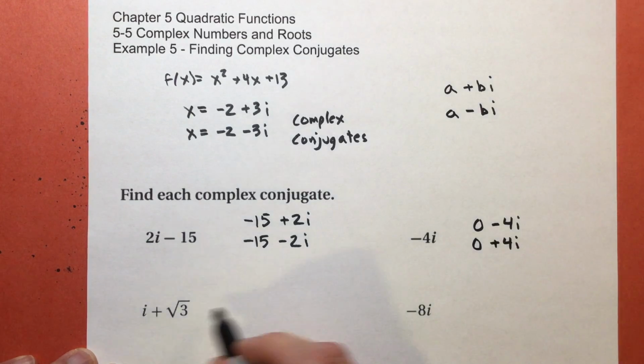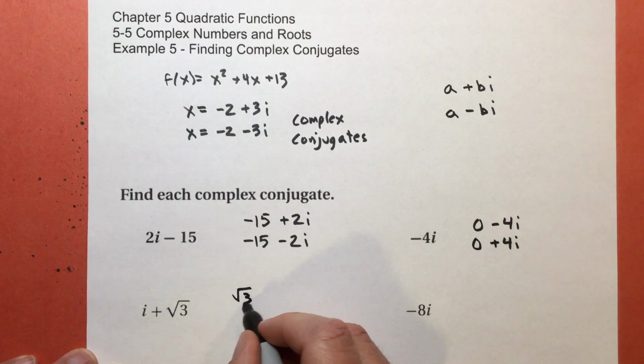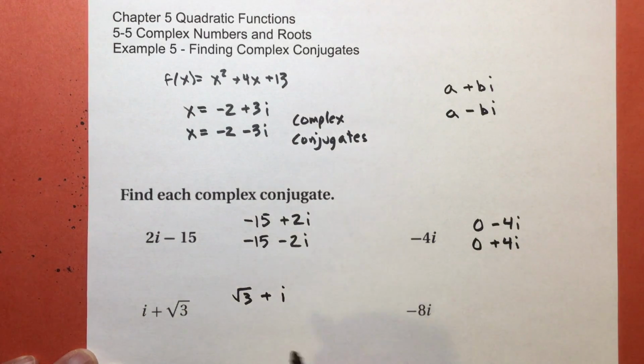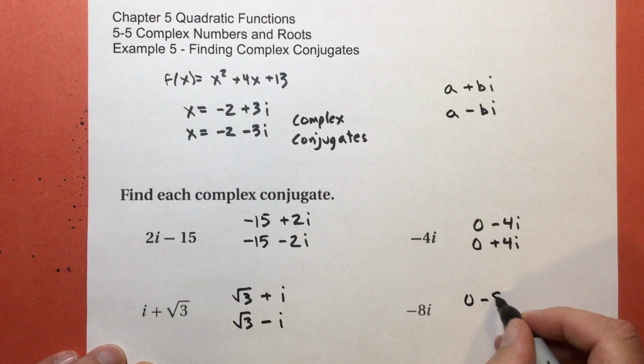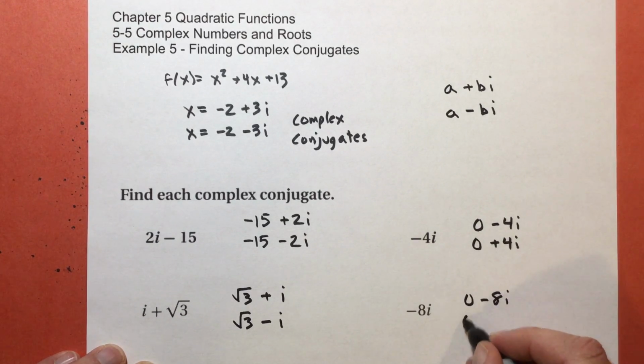All right, let's turn it around. I get the square root of 3 plus i, and that's 1 times i. So its complex conjugate is square root of 3 subtract i. And this one's just like that one. 0 subtract 8i is what they gave you, so its complex conjugate is 0 plus 8i.